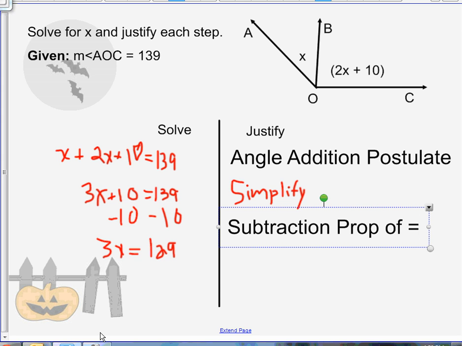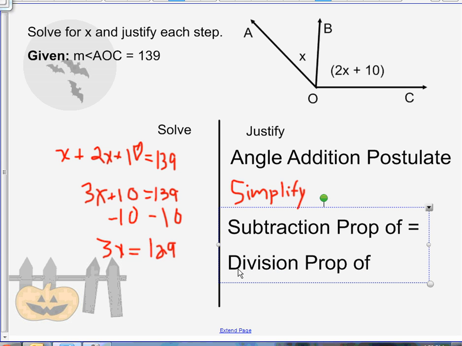All right. Okay, and now we know that our next step is going to be to divide. So I'm just going to come down here and say the division property of equality. Okay, so in this case, I would divide both sides by 3.